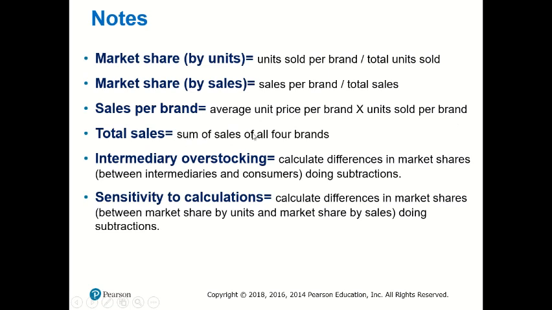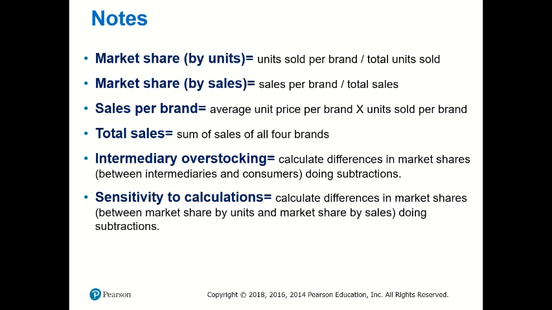Total sales. Intermediary overstocking. What is overstocking? Well, this happens when you have, for example, an intermediary who has a high market share of a given brand, let's say 40%, but then they sell to their final consumer 20%, right?